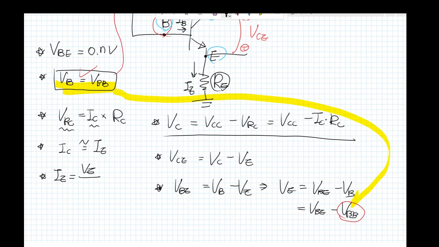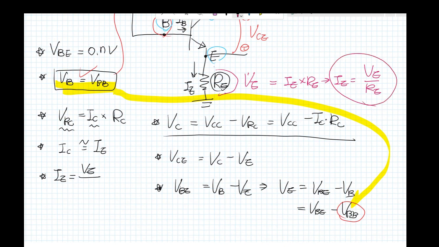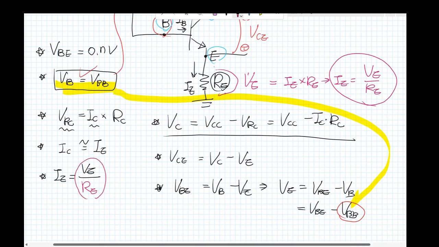V sub E is equal to I sub E times R sub E. So the I sub E is equal to V sub E divided by R sub E here.